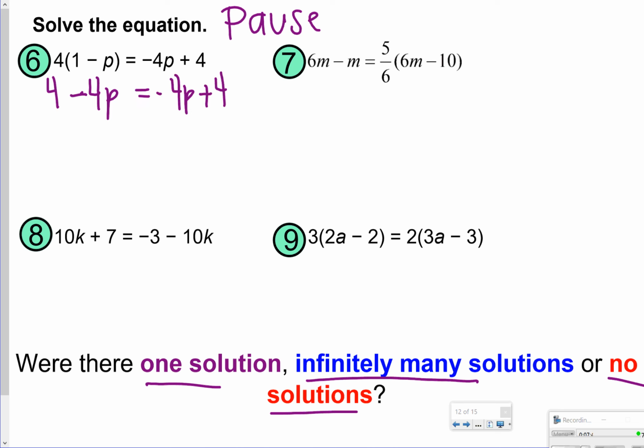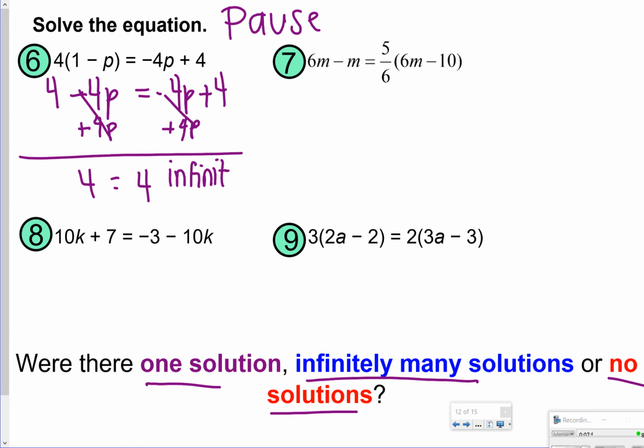Okay, let's go ahead and add 4p to both sides. So once I do that, those cancel out. So I'm left with 4 is equal to 4. So this one is going to be infinitely many. I'll just write sol for solutions.